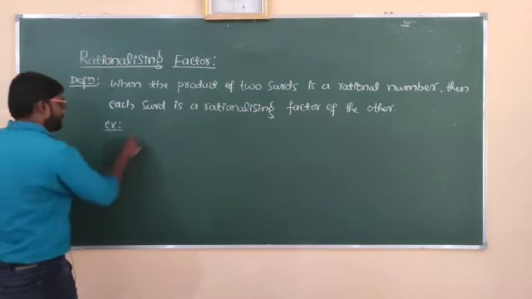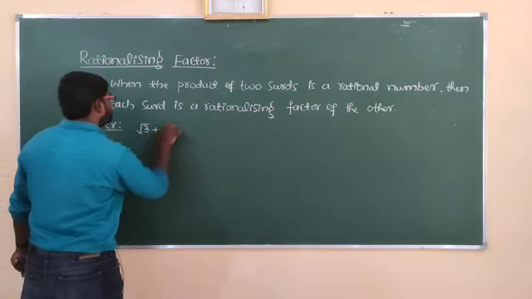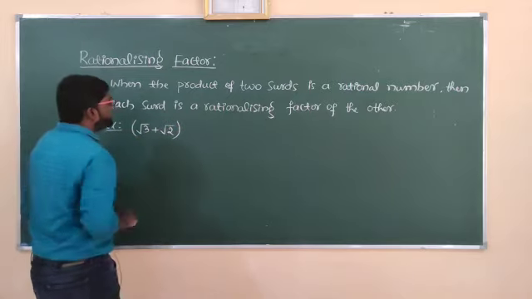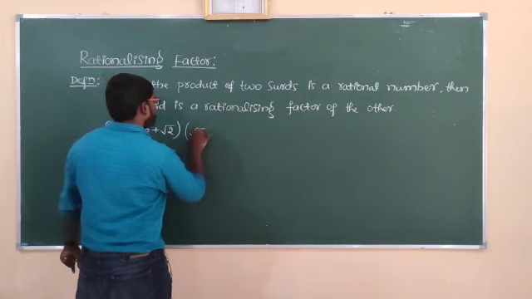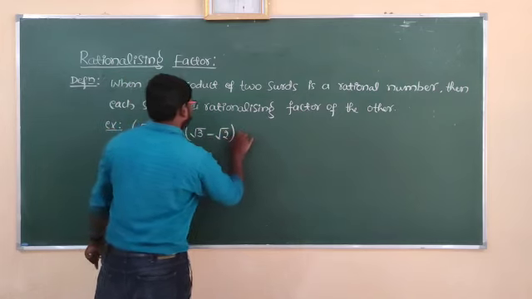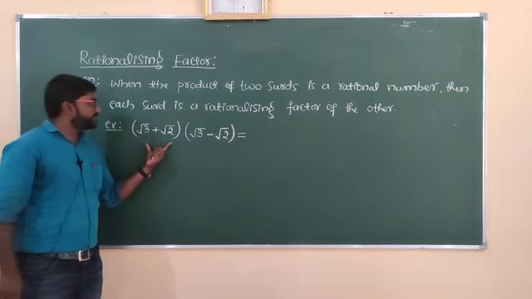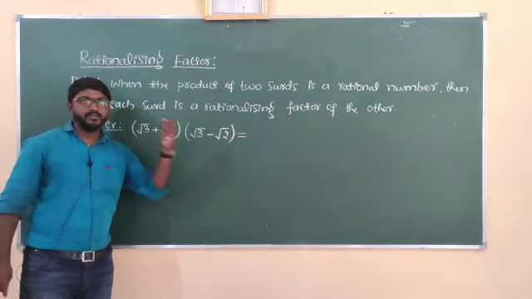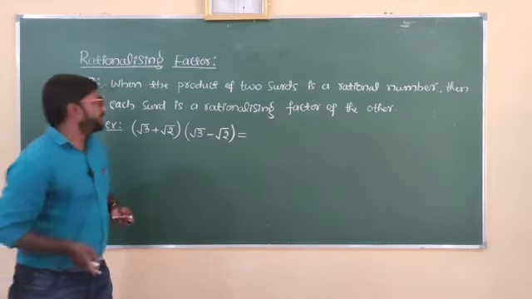I'll take root 3 plus root 2 into root 3 minus root 2. This is in the form of a plus b into a minus b. What is a plus b into a minus b? It is a square minus b square.